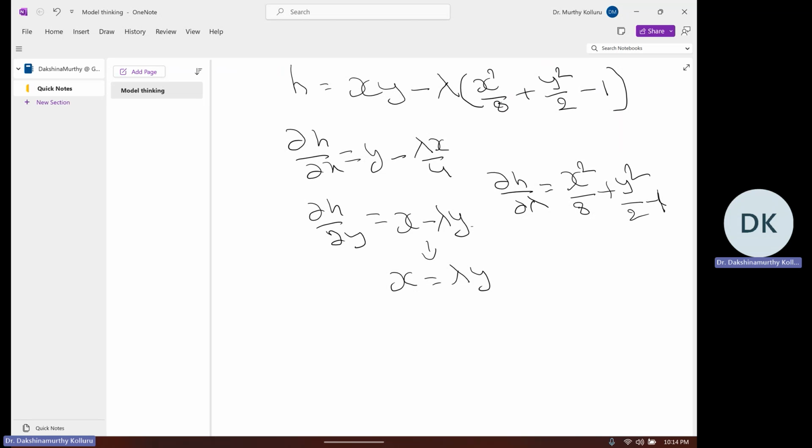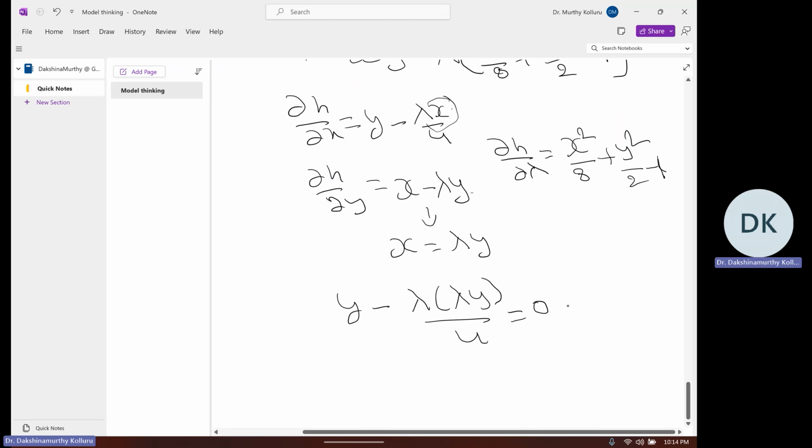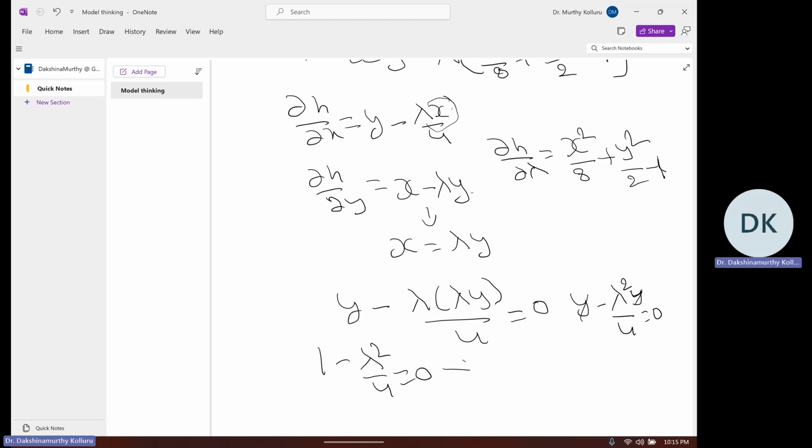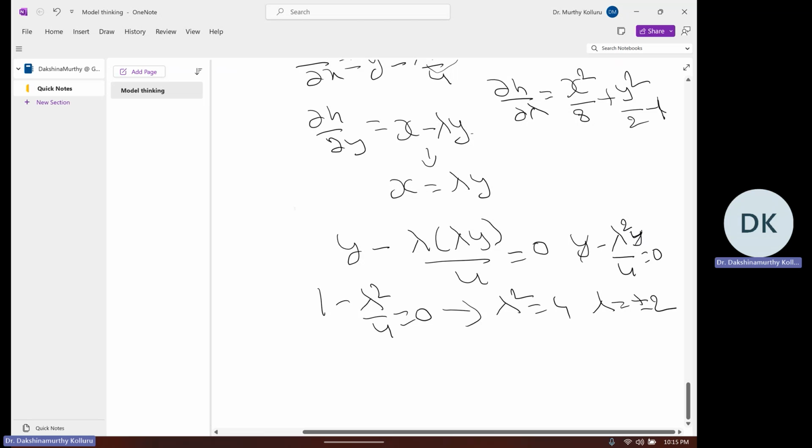So now I substitute that x here: y minus lambda times lambda y divided by 4 is equal to 0, or y minus lambda square y by 4 is equal to 0. Y gets cancelled, so y is equal to 0, or 1 minus lambda square by 4 is equal to 0. Lambda square is equal to 4. Lambda is equal to plus or minus 2. So we solved for lambda.